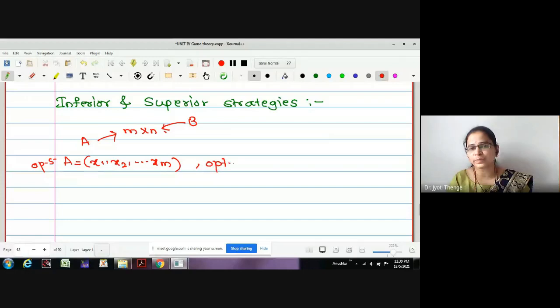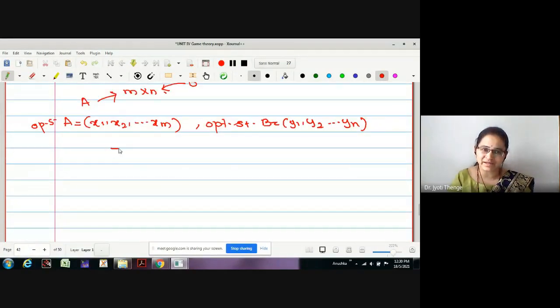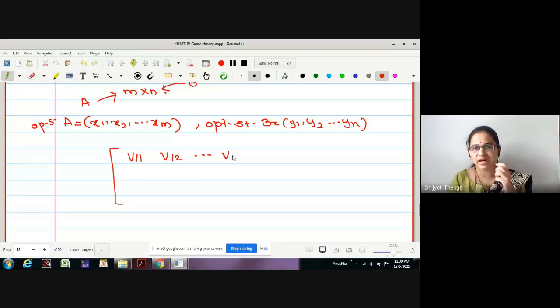For the optimal strategy of B, these are the probabilities y1, y2 to yn. And the payoff matrix is of this type: v11, v12, v1n, v21, v22, v2n, vm1, vm2, vmn.